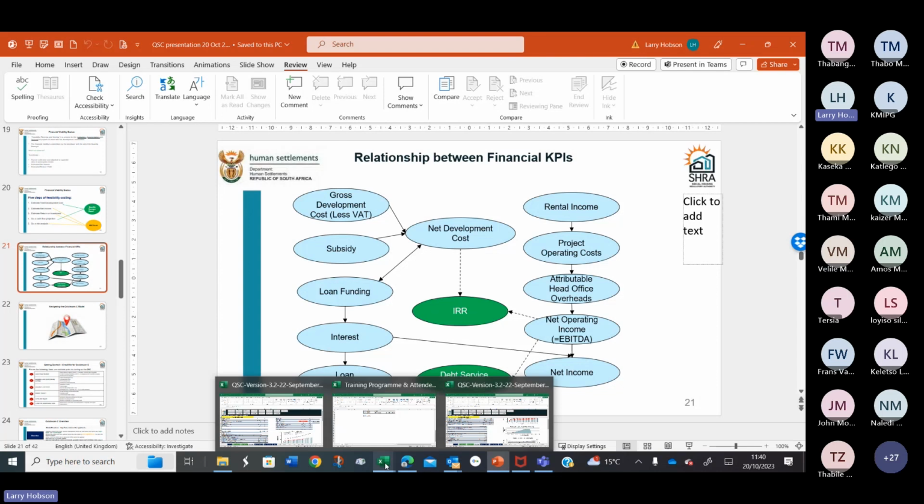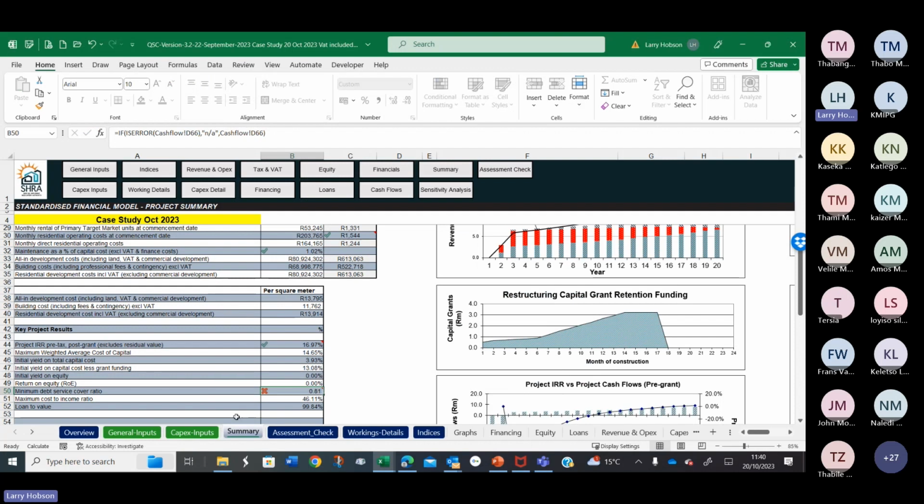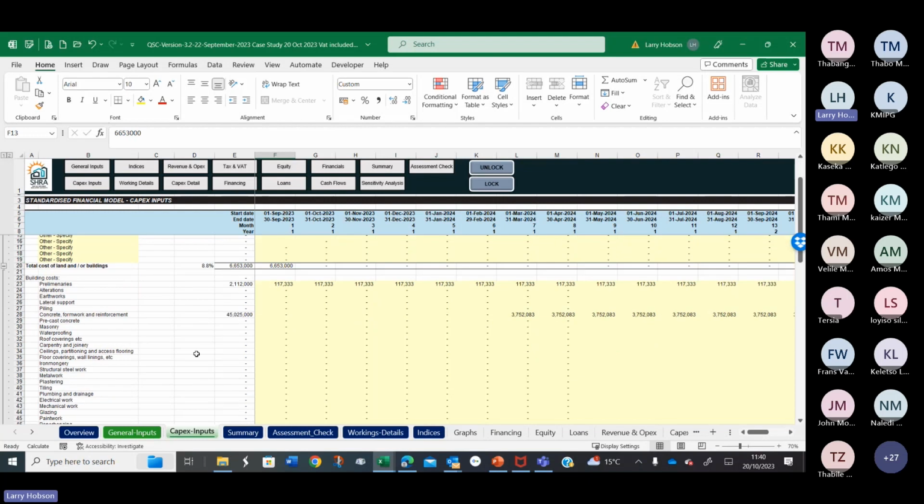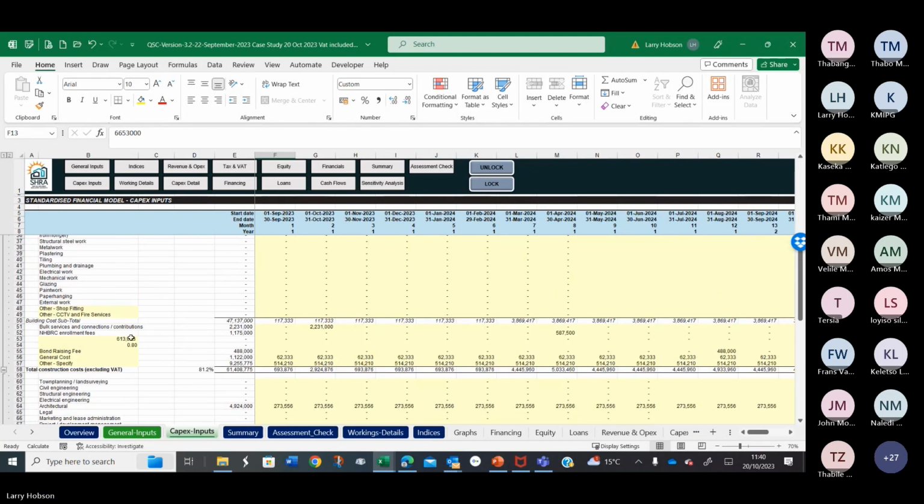We can't build houses that are costing how much? At the moment, these houses are costing us 613,000 per unit. That's clearly way too much. Remember our metric of subsidy plus 100,000. So we need to get that cost reduced.